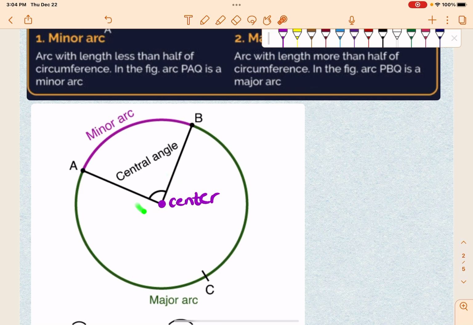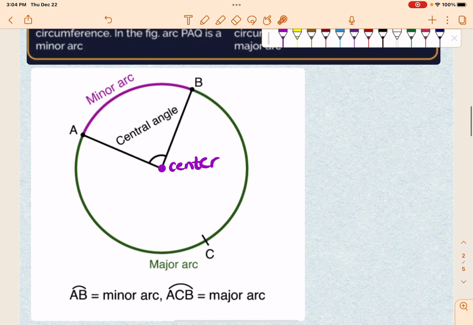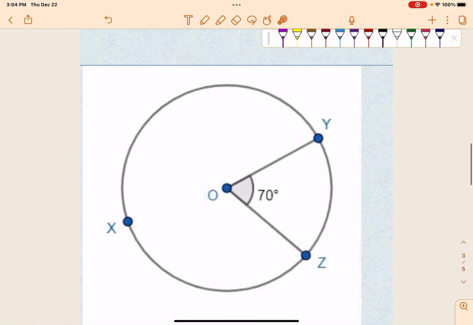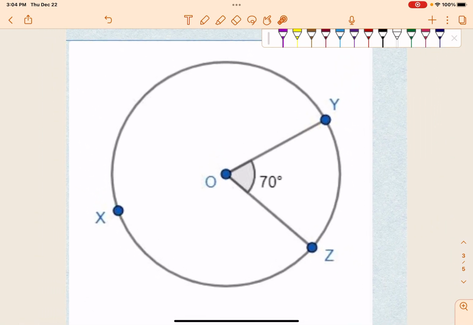We do have some things that have to do with angles that we need to look at. So let me give you some examples. First of all, if I look at this, you can tell that the center is O. I can see there's an angle that's made there, and so 70 is a central angle.